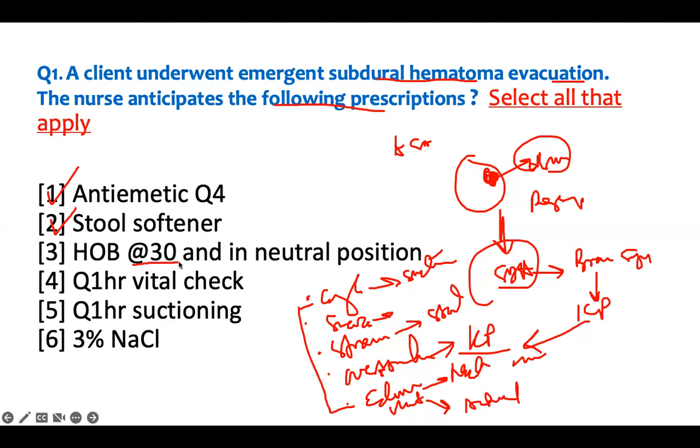Head of the bed at 30 degrees, yes, in a neutral position, that decreases the edema in the head. Q1 hour vital checks, no, it's too much overstimulation and that causes problems. Q1 hour suctioning, overstimulation, the patient is going to cough. And 3% normal saline, this is perfect.